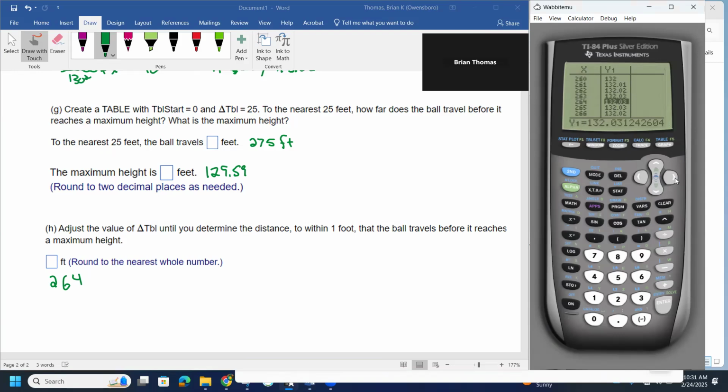Once you slide over to the Y column, it displays the Y values further. So you can see that these three have the same value, but 264 is actually the biggest of all if we're not rounding at two decimal places. So see if that helps you get through question 5 there.